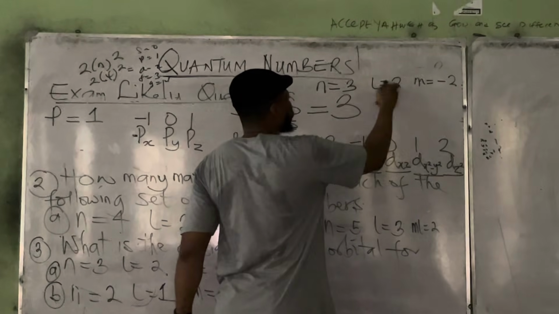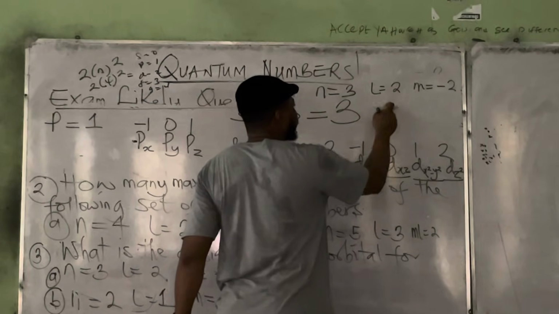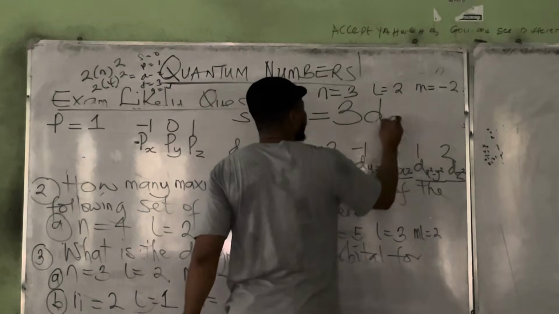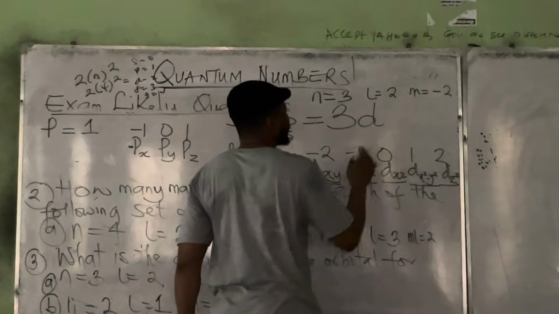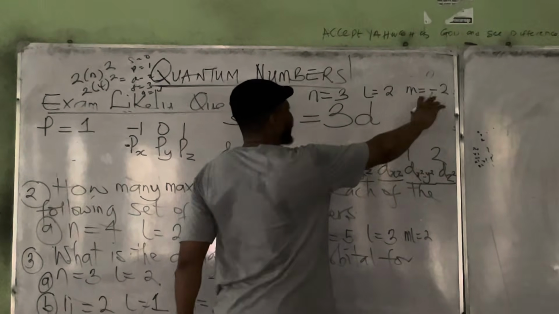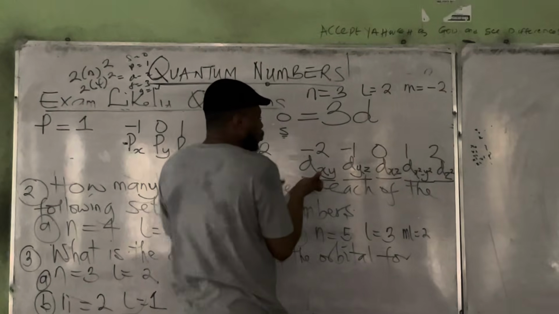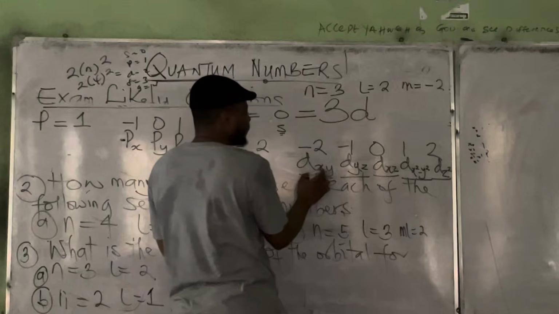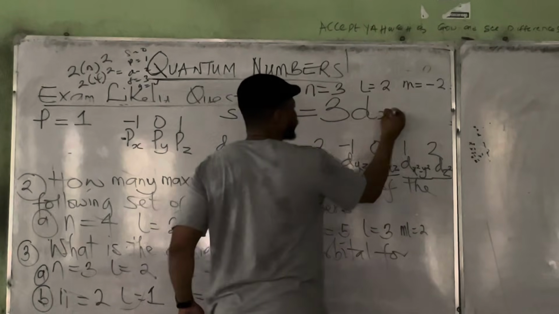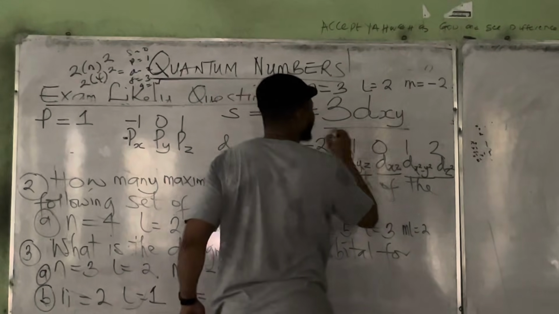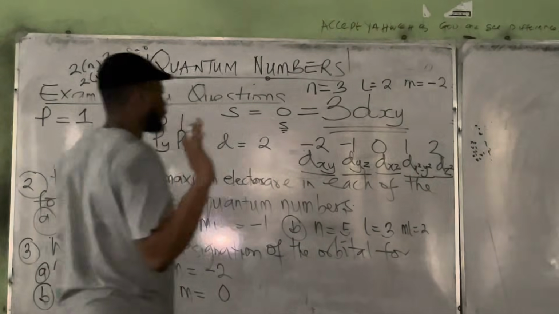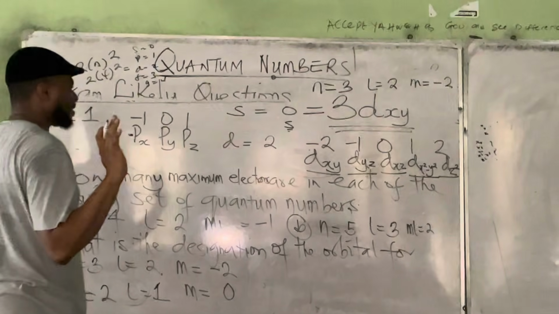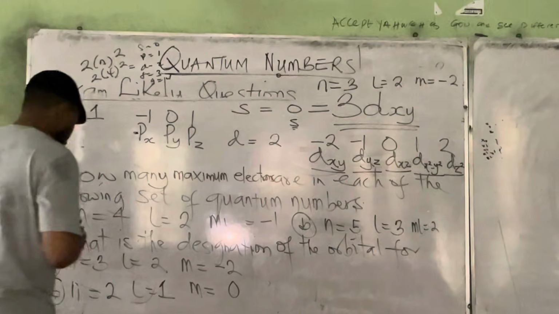When l is 2, what is the subshell? D. Alright? 3D. Then ml equals -2, you now come here. When ml is equal to -2, we have dxy. So dxy, this is your answer. That's the designation. As simple as that.